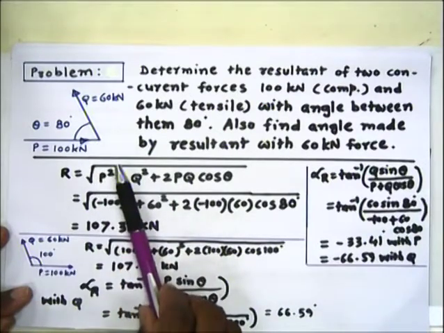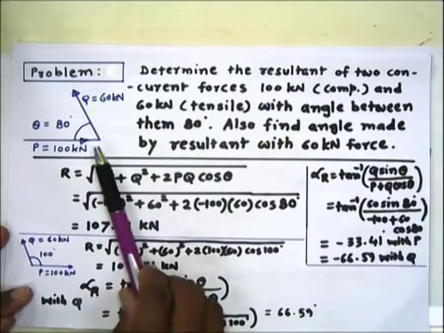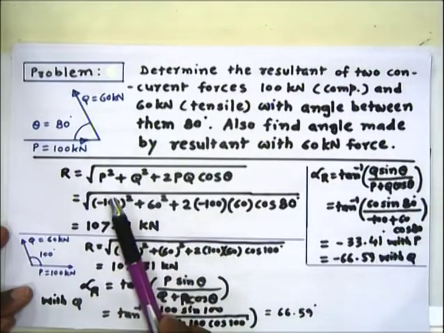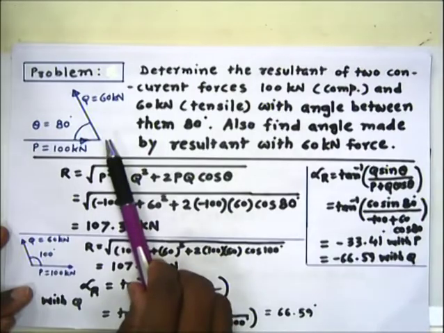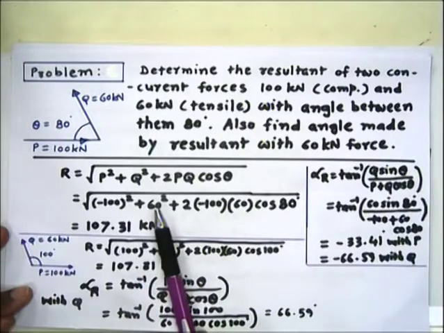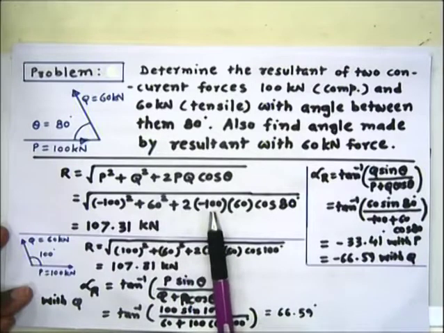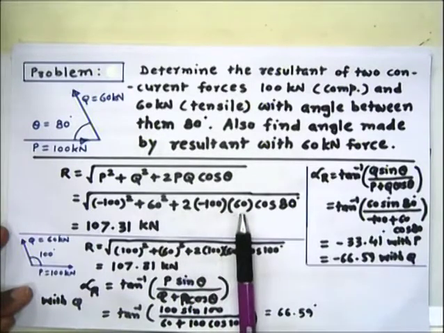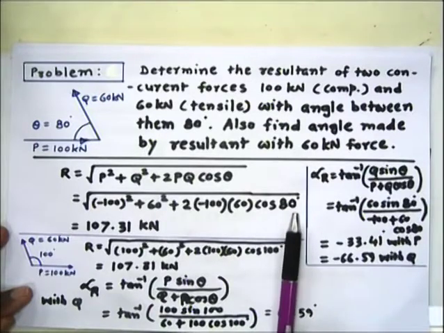So what is to be done here? Whatever compressive force you will have to show as minus, okay, and tensile force as plus. So P would be here minus, so minus 100 square plus Q is tensile, so plus 60 square plus 2, P is minus because compressive, Q 60, and cos angle between these two.